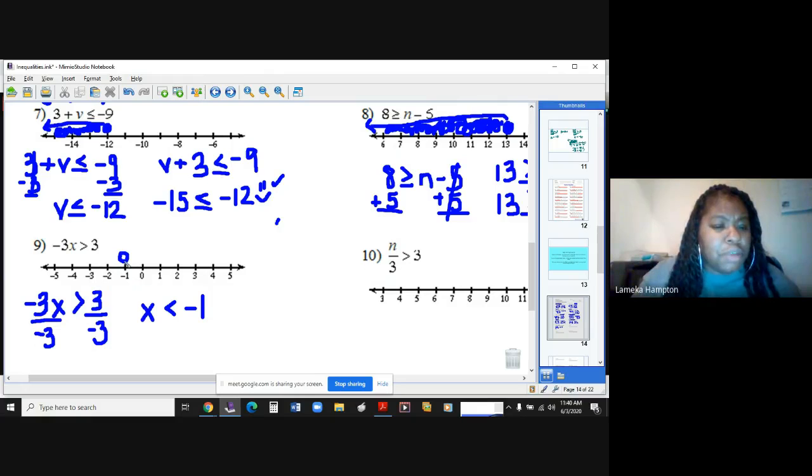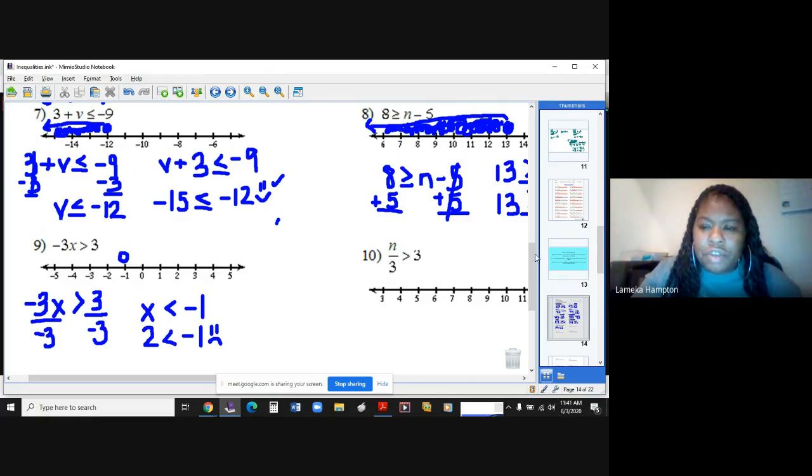Now let me pick 2, just picking a number from the number line. Is 2 less than -1? Is that true? No, it is not.